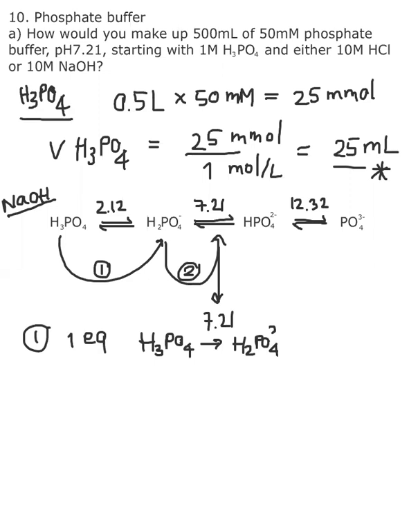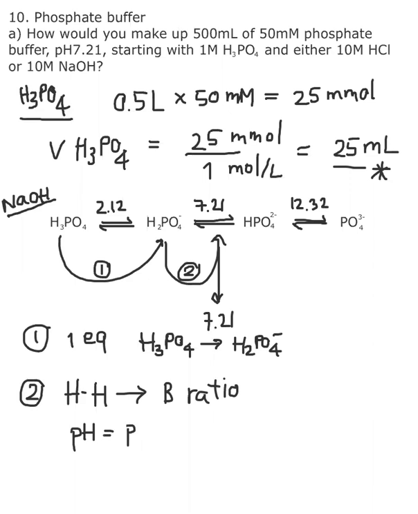For step 2, you would use the Henderson-Hasselbalch equation to calculate the A to B ratio. But if you notice, the pH that we want, 7.21, is equal to the pKa.